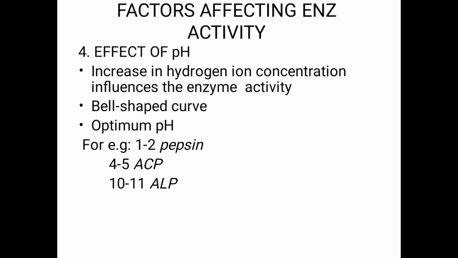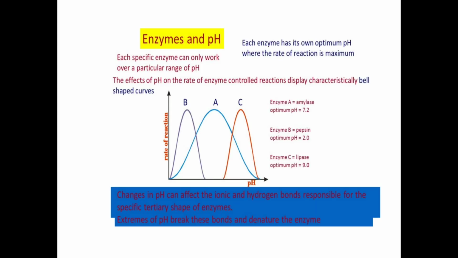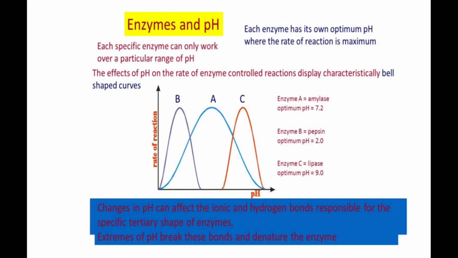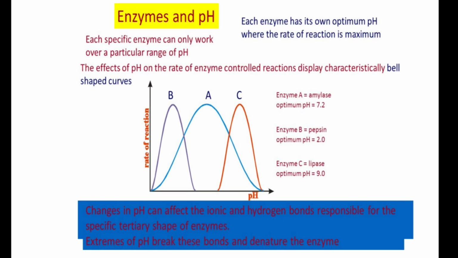The pH of acid phosphatase, ACP, is 4.4 to 5, and 10 to 11 for alkaline phosphatase, as the name indicates. Here also you get the same bell shaped curve. Each specific enzyme can only work over a particular pH range. Each enzyme has its own optimum pH, like temperature, where the rate of reaction is maximum.